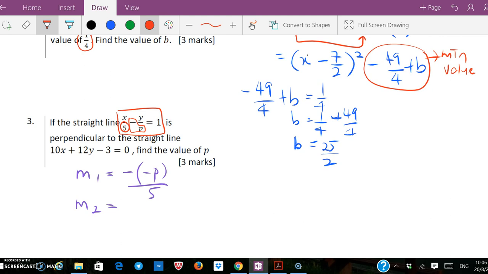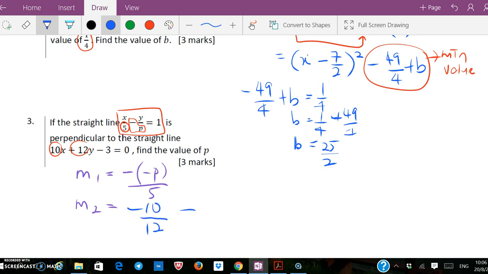I circle 10 and I circle 12. I assume that 10 is the x-intercept and 12 is the y-intercept, so it should be negative 10 over 12.